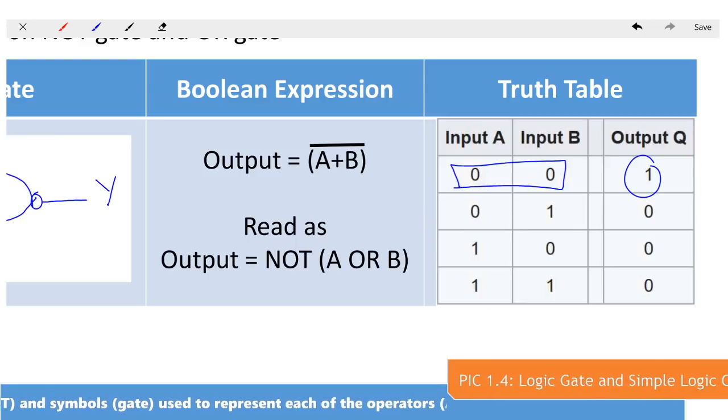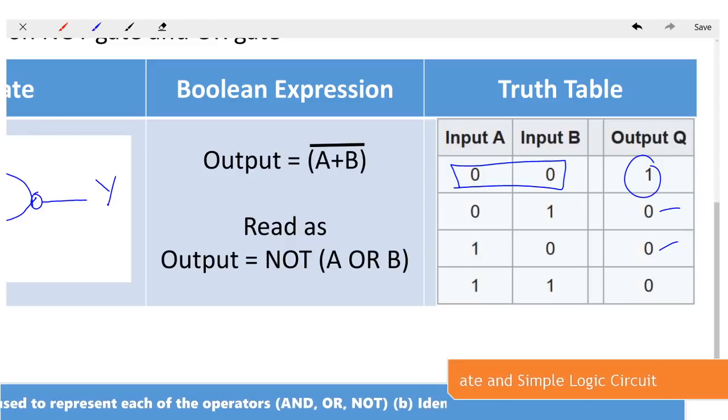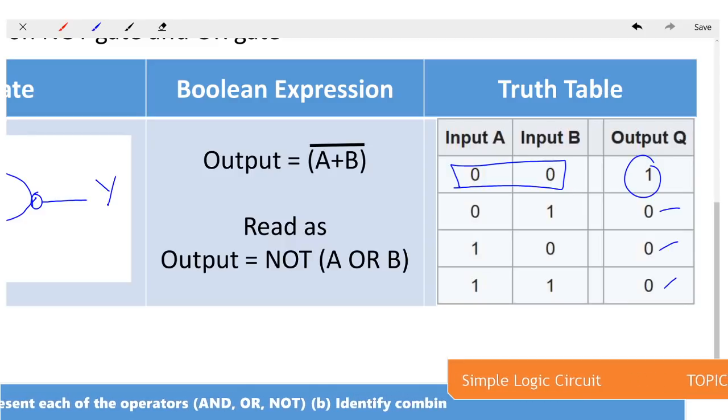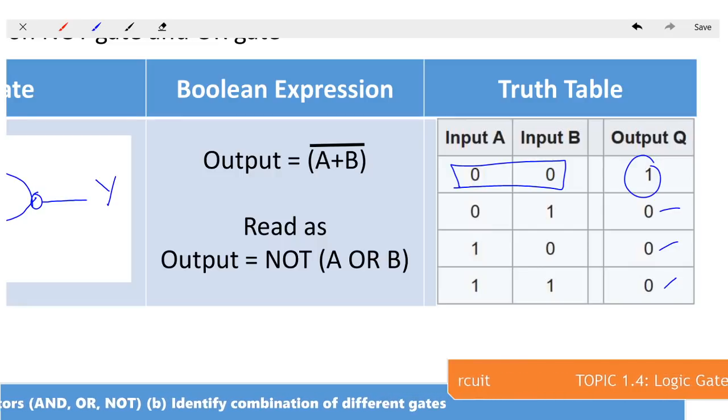And the output produces false when any of the inputs are true.